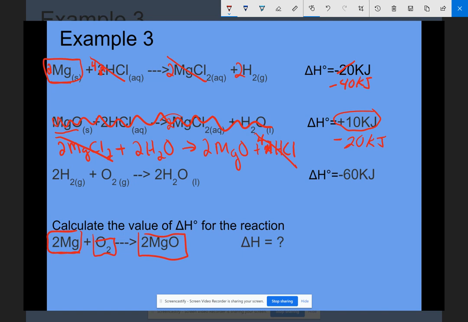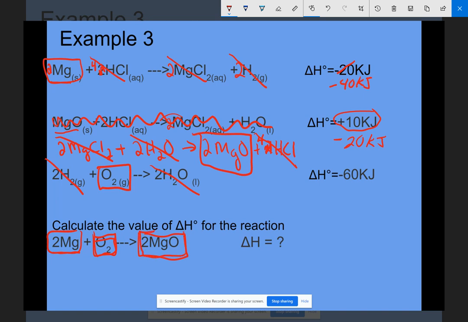Getting a little messy here. And I have 2 H2s, 2 H2s, and 2 H2Os, 2 H2Os. So if you do it on your paper, it'll be a little bit neater and you can see how everything crosses out. I'm left with O2 as a reactant and 2 MgO as a product.